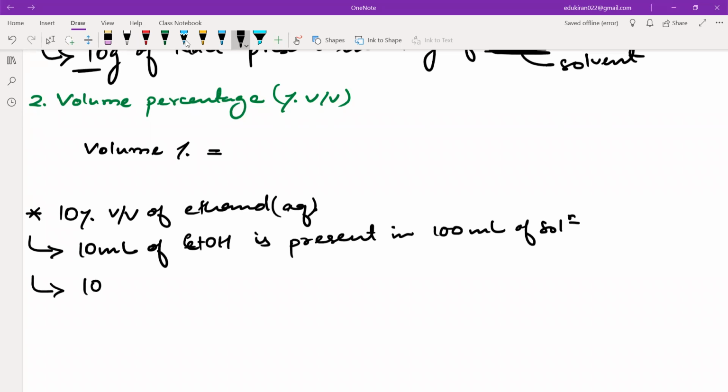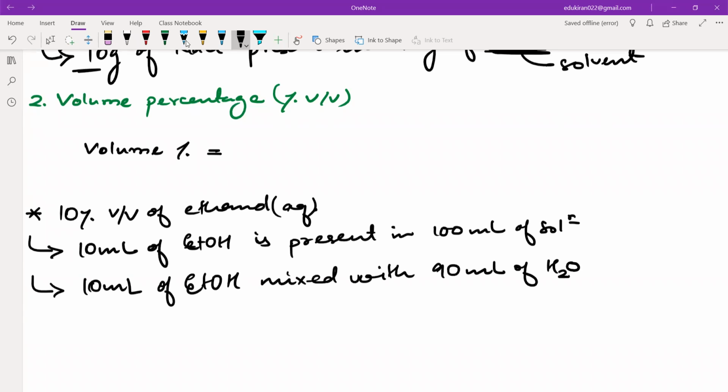Another statement will be 10 ml of ETOH mixed with 90 ml of H2O. So these are the two statements that you have to remember.